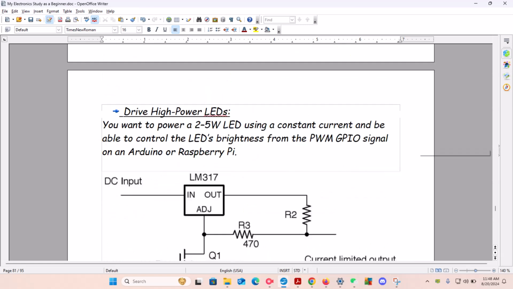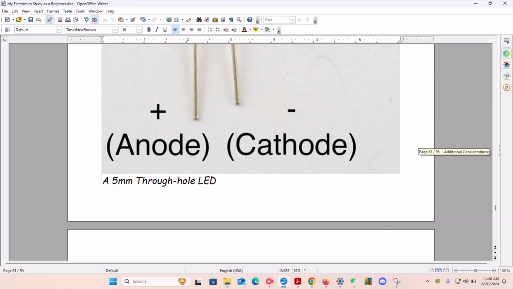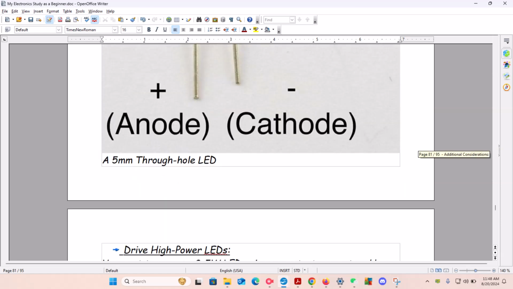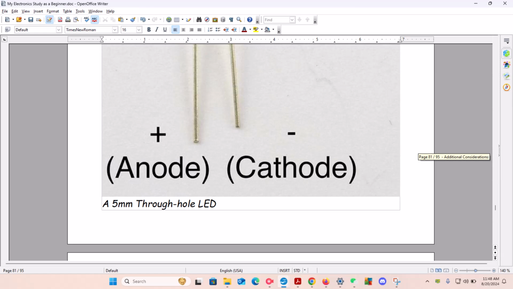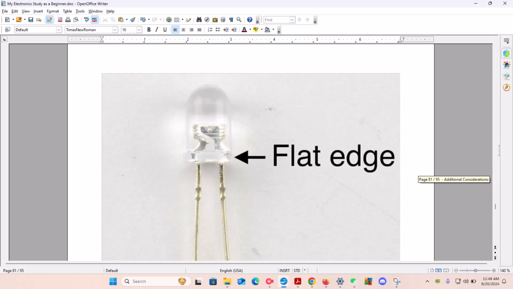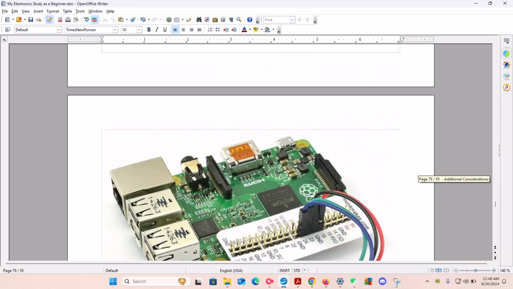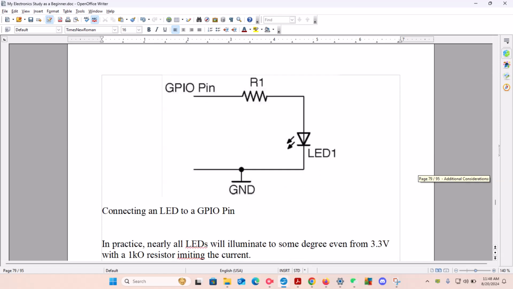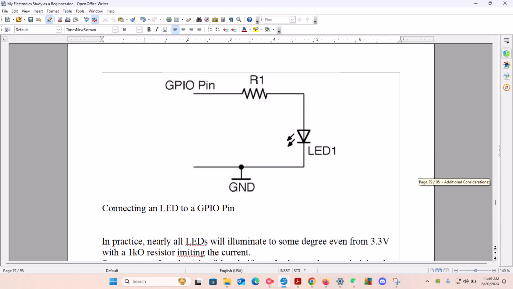And then, of course, after that, we have a switch. We have a Q1, and then it goes to ground. Now, remember, all the time, at the end is always ground, because that will end the circuit itself. Also remember that anode refers to positive and cathode refers to minus. Okay. Remember, it's in terms of red, green, blue.